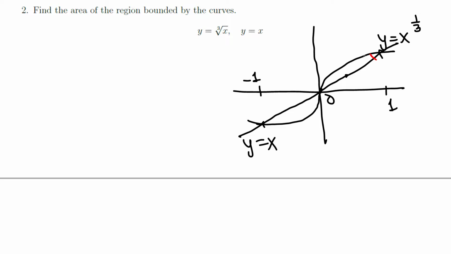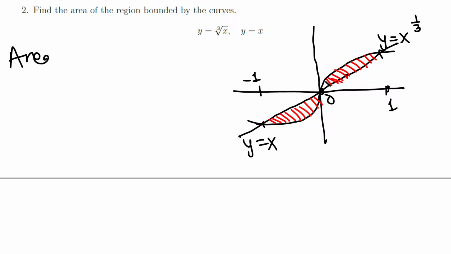So we are asked to find the area. That means this area plus this area. And by the way, area is never negative. So instead of finding both areas, we can just find from 0 to 1 and multiply by 2.